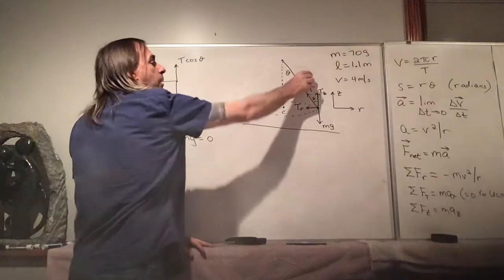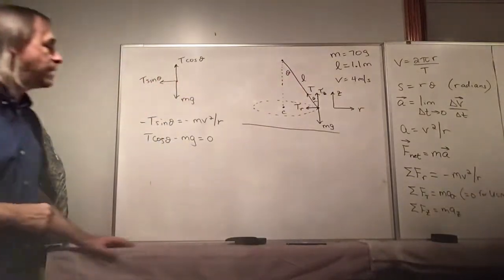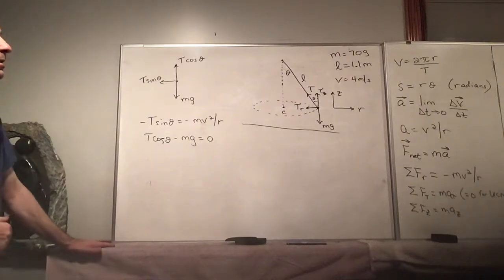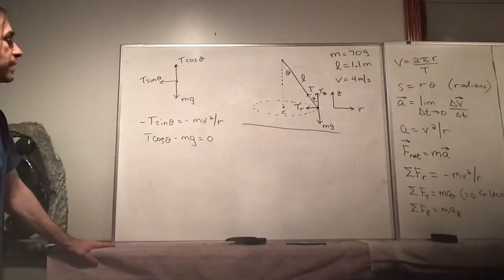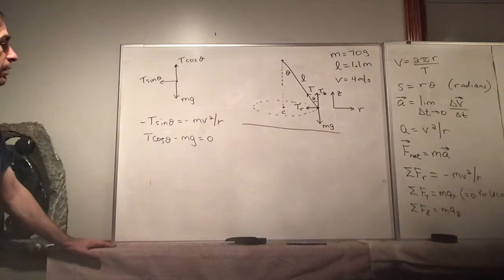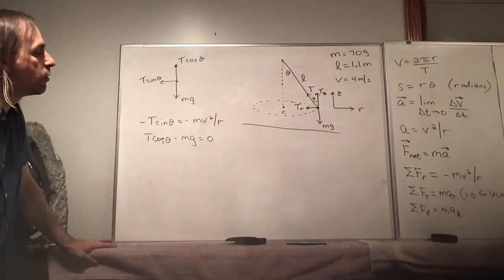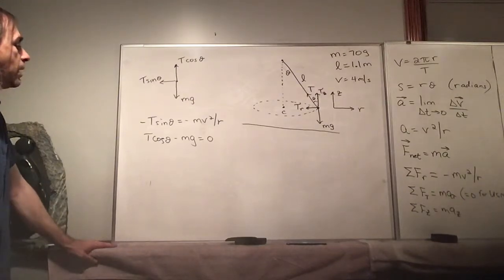We have L and theta, so I think it might be better if I just give you the radius. Then that would define this angle. Let's go with this and see if we can actually solve it without making it overly complicated.